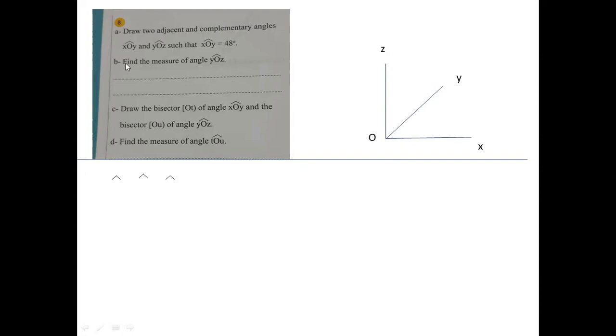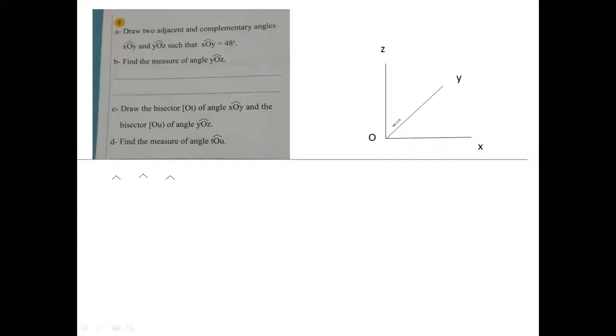Part B, find the measure of angle YOZ. We have to find the measure of this angle. Since ZOY and YOX are complementary angles, it means that their mother angle ZOX measures 90 degrees. So this whole angle is 90 degrees.